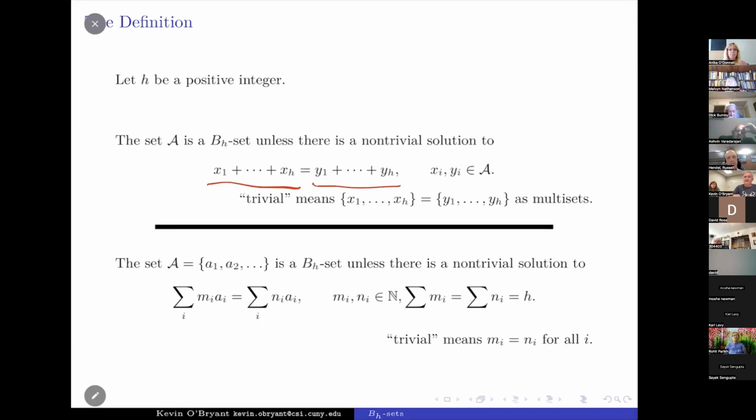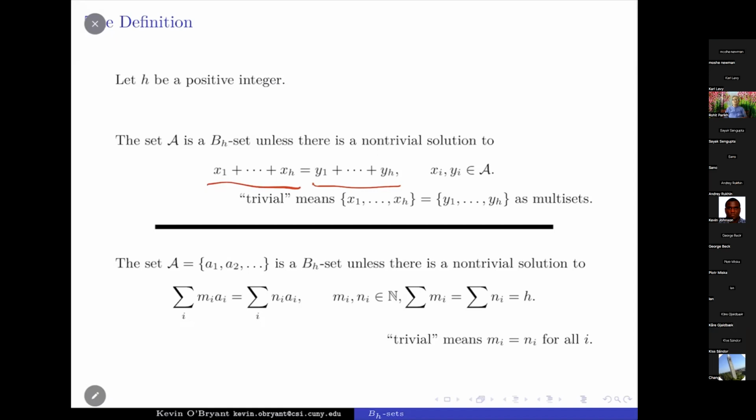All right, so another way of saying this: if you give names to the elements of your set, then you can sort the summands according to your names, and you can just record the multiplicities.